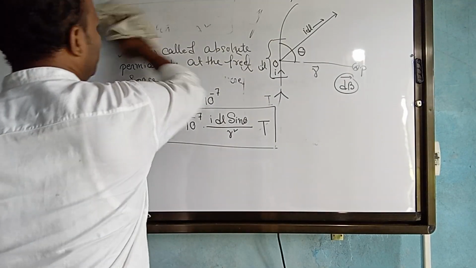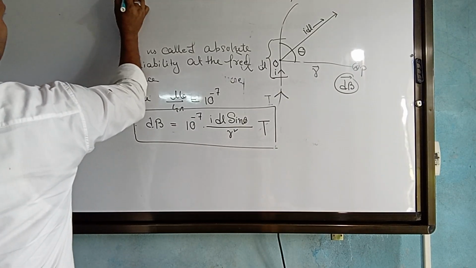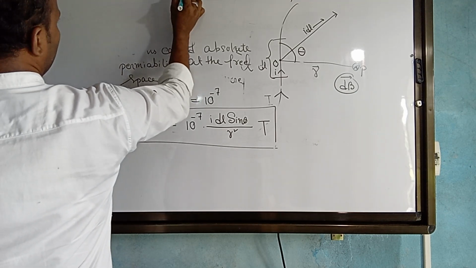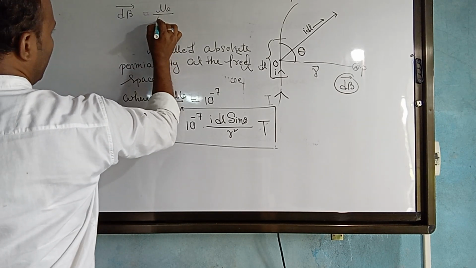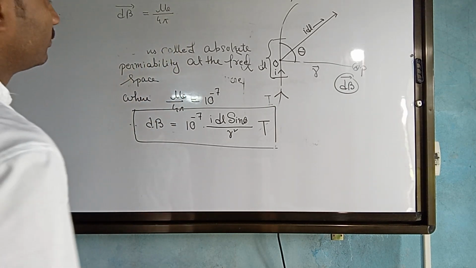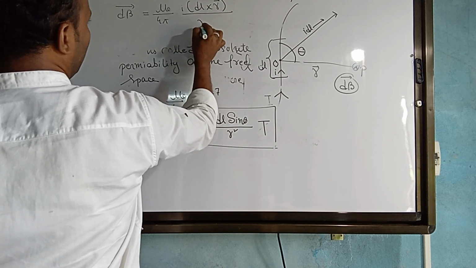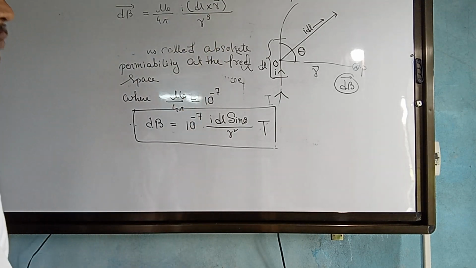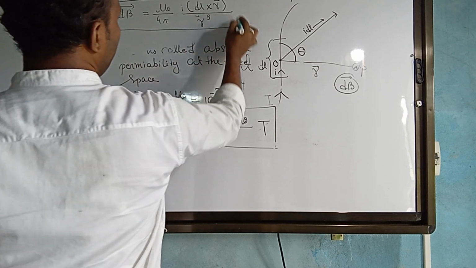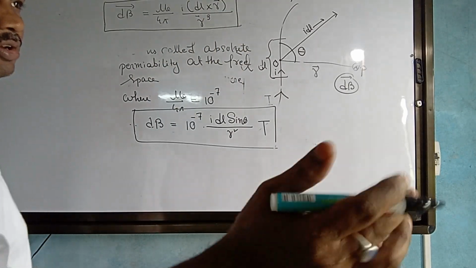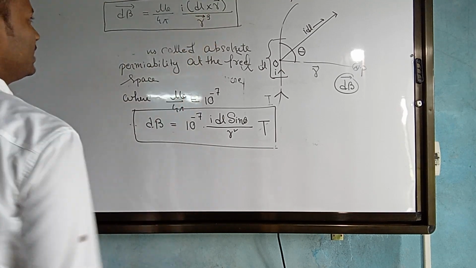In vector form, dB vector is equal to mu naught by 4 pi, or 10 to the power minus 7, I into dl cross r vector divided by r cube.